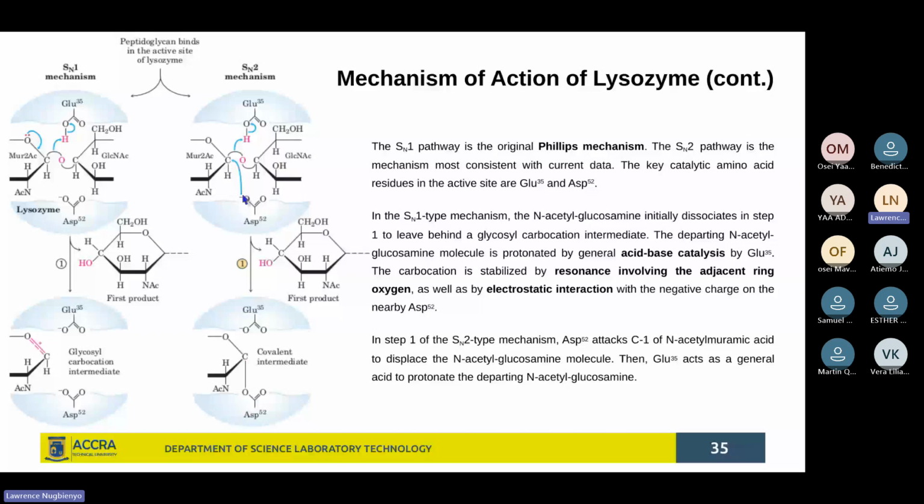So the difference you see is that here, the second part, you see aspartic acid having that nucleophilic attack on the first carbon of muramic acid, forming a glycosidic bond. But on the left-hand side, that's not happening, but rather you see that the lone pair of electrons on that oxygen is having that nucleophilic attack on the bond that it is forming.